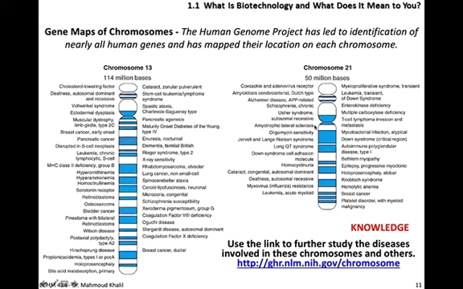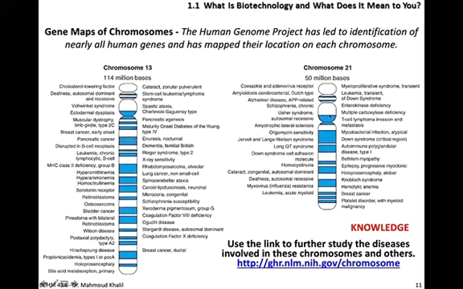If we look closely here, you can see how they managed to map the chromosomes, for example chromosome 13 and chromosome 21. You can see that scientists managed to understand which region of the chromosomes affects which type of disease. Like this region will affect breast cancer, other regions will affect pancreatic cancers, and so on.